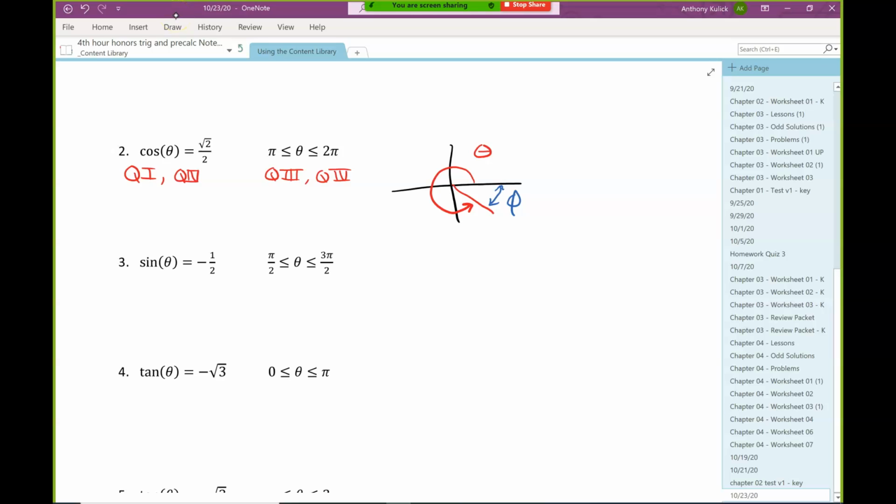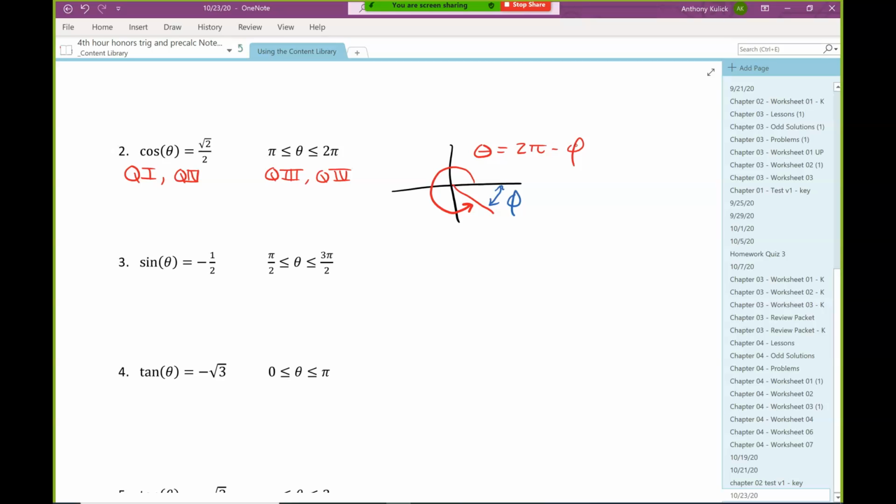So I'm going to use a different Greek letter, and the relationship is that theta is equal to 2 pi minus phi. Any questions on how I came up with that part? Okay.